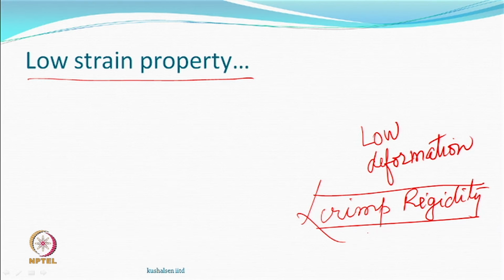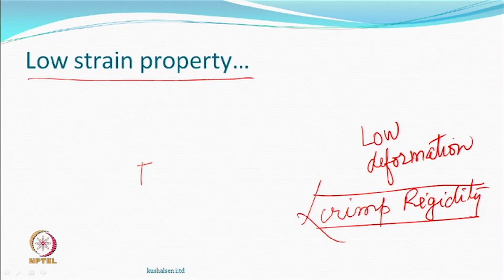If the resistive force is high, then it will recover well also, unless some break occurs. We are hoping that damage is not occurring during this process. And so, this force is in some way related to crimp rigidity. So, if someone has said that F is proportional to E, was he wrong or right?